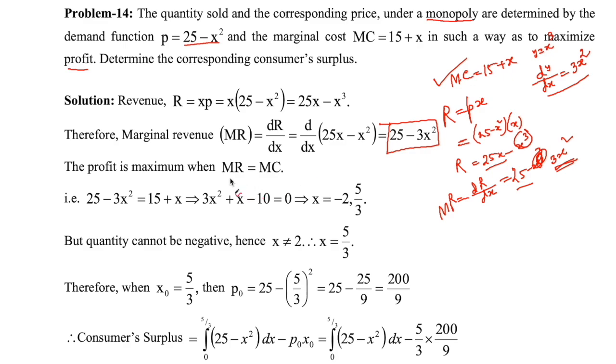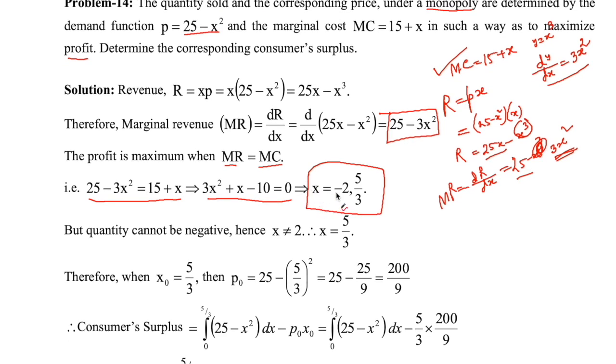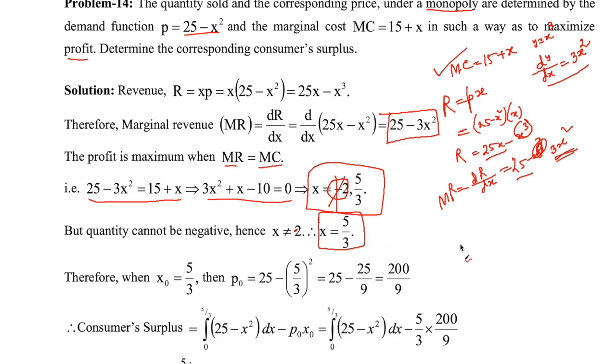Now you know MR and you know MC. Write MR equal to MC and solve it. Solving it, you will get two values of x. But the quantity cannot be negative, so that one is discarded. x should not be equal to -2, therefore x equals 5/3. So this is your equilibrium quantity or market demand. x0 is equal to 5/3.